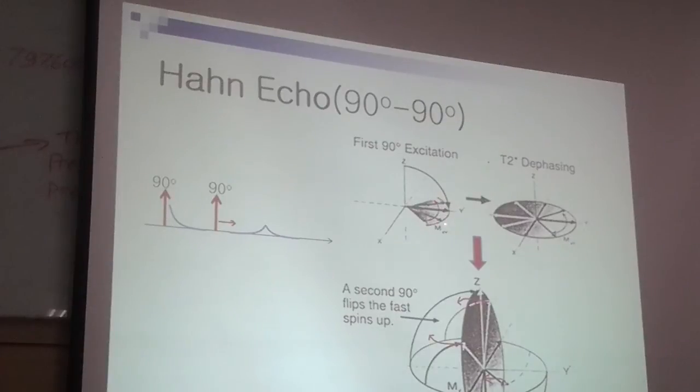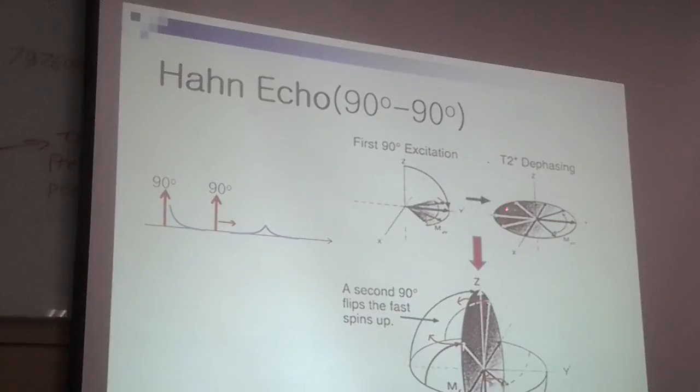Just after that, the spins are dephased due to spin-spin interaction and field inhomogeneity. So after some time lapses, the spins are dephased out, and the transverse component becomes seriously reduced at this time.